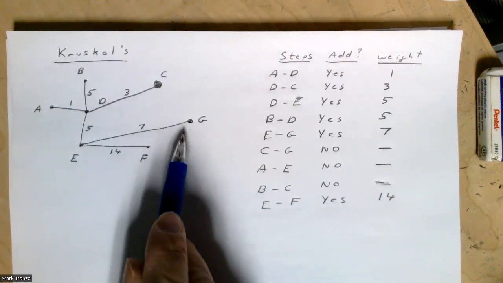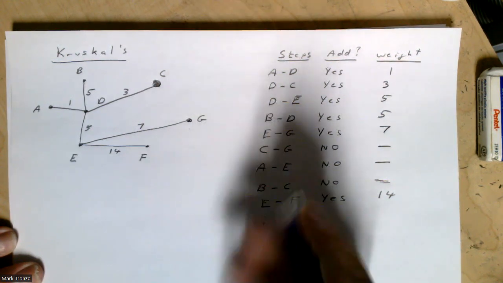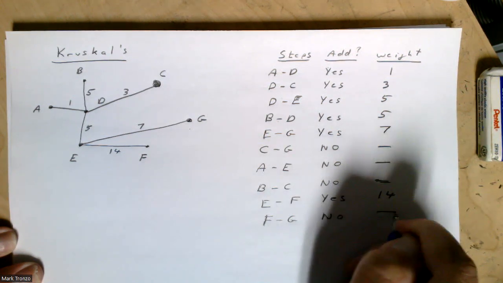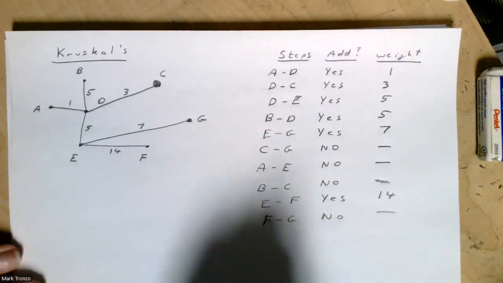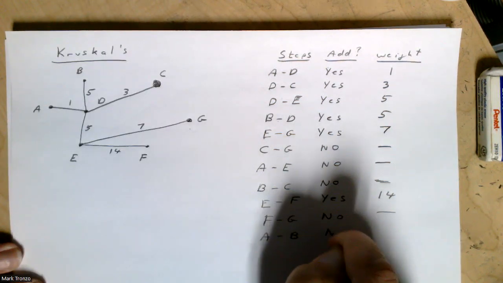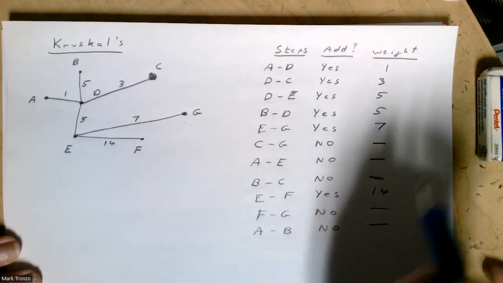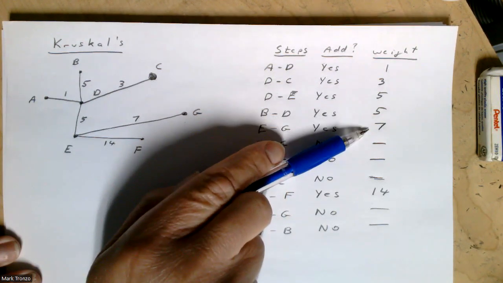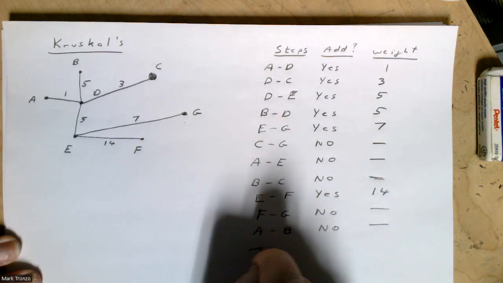FG, if we put FG in, that would make a circuit, so that one would be a no. And finally, AB, if we put that one in, it would make a circuit, so that's a no. And so let's do the total weight. Let's see, we have 10, 20, 21, and 14, is that 35?